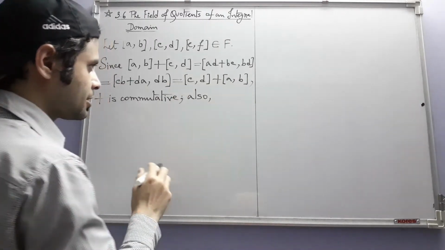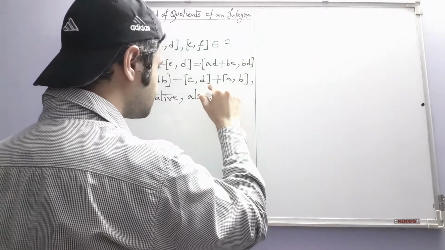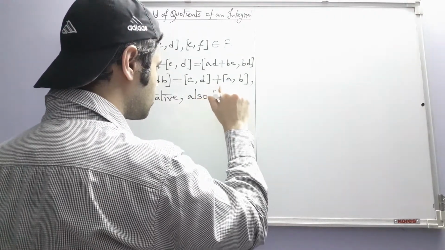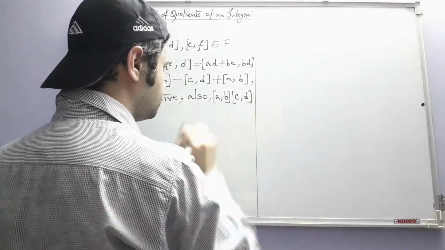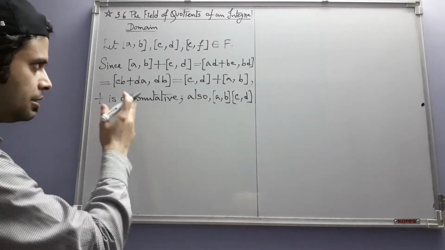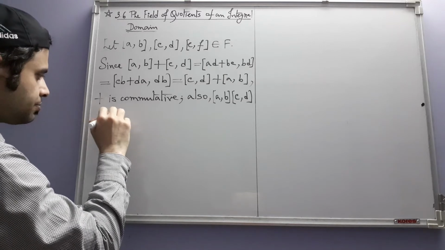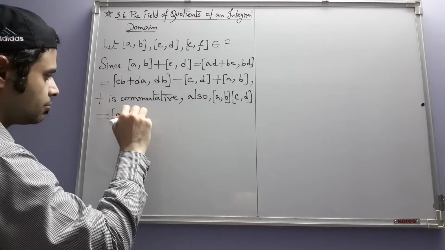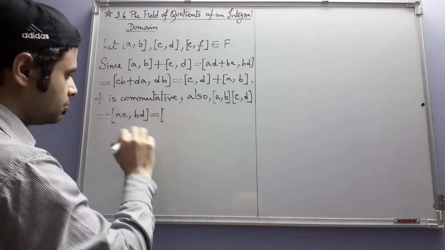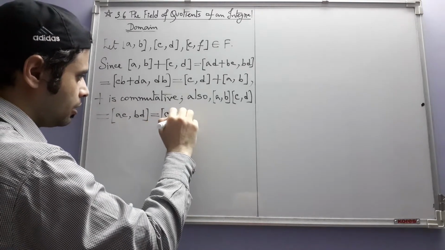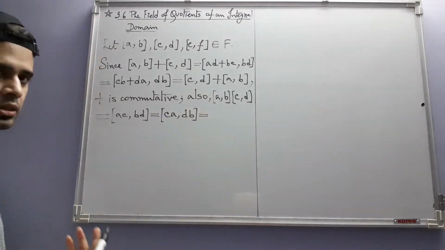Also, just like that, let us also see whether multiplication is commutative. (a, b) times (c, d). Multiplication is quite easy, much easier than addition. So this is equal to (ac, bd). So this is equal to (ca, db), because the integral domain is commutative.